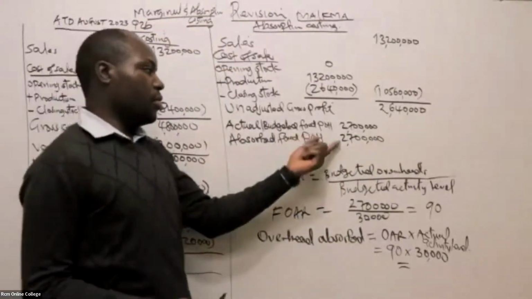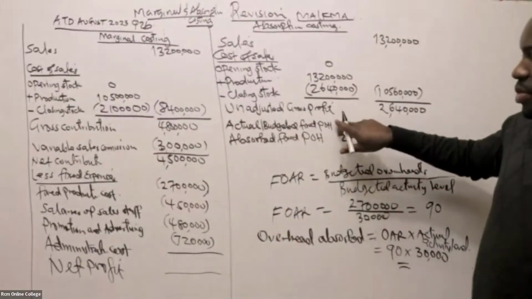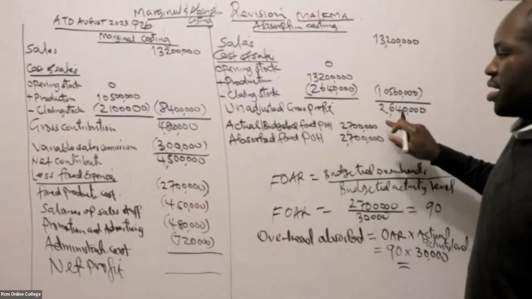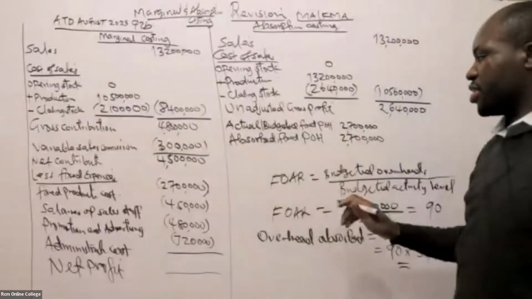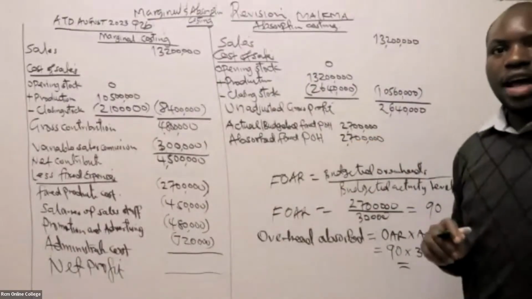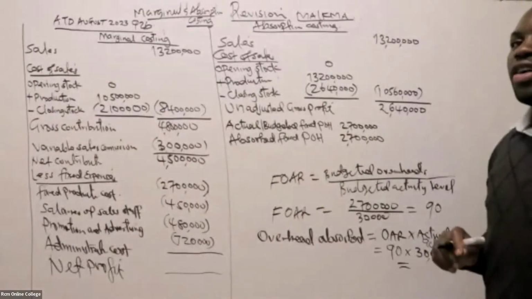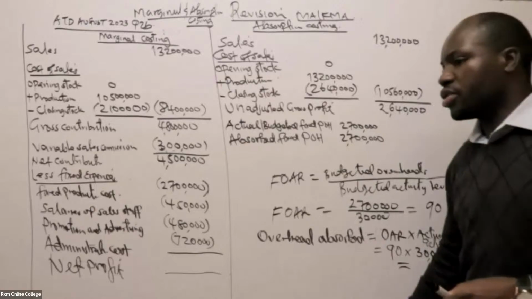Good. Now, the 2,700,000, come and compare. The real expense is 2,700,000. What was absorbed into the production process is also 2,700,000. We don't have this animal called over or under absorption of overheads, which you are taught in topic number 4.